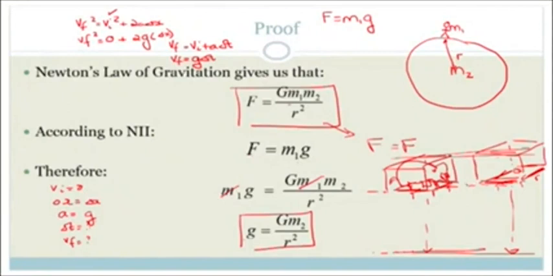So basically what we're saying is that your acceleration due to gravity is independent of the mass. It is dependent on the mass of the planet and how far you are from the center of the planet. So if I put this little person up here, this giant up here, the acceleration due to gravity is going to be less.